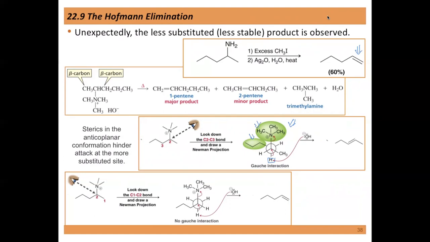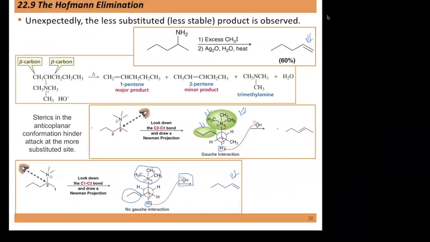So in the Hofmann elimination, you tend to pull off the more accessible proton, and that allows these large groups to avoid some steric clashes. So a lot of what drives the Hofmann elimination is sterics. Again, you've got a small base, but it tends to pull the proton off the most accessible carbon to give you the less substituted double bond, which is the whole take-home message for the Hofmann elimination.